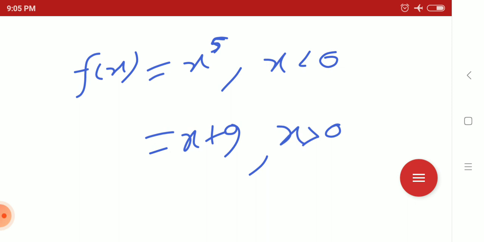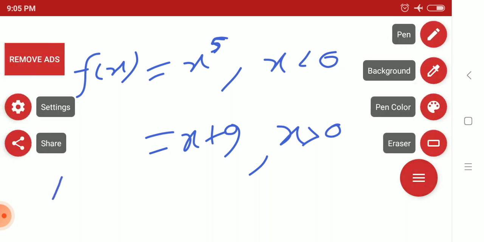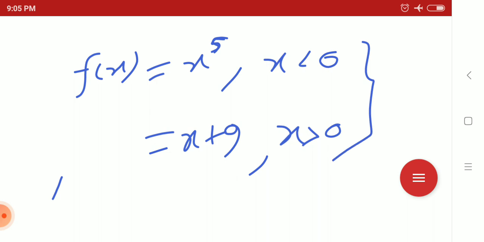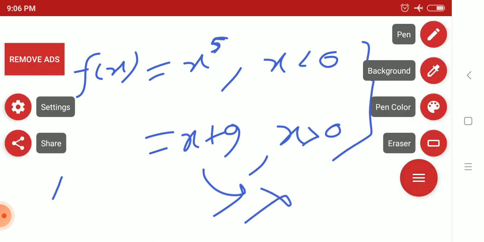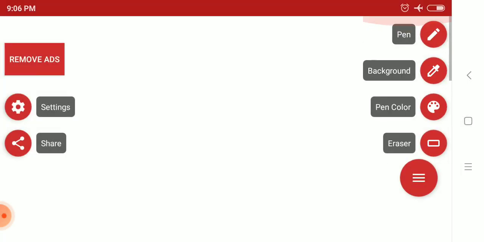Let me write clearly: you have to prove whether this is path independent or path dependent. If you can prove that this is path independent, then the limit exists. But if you can't prove that, then the limit will not exist. So let's start.